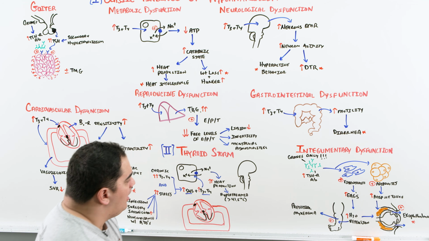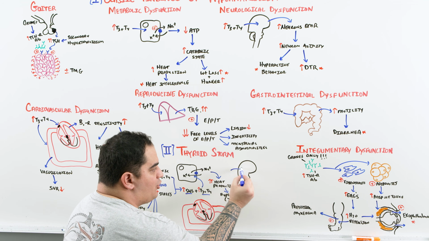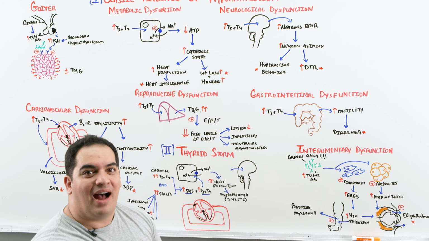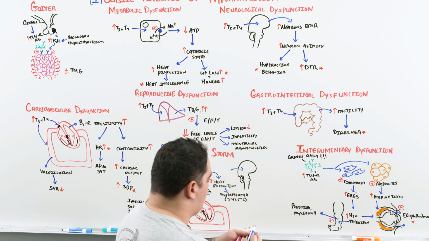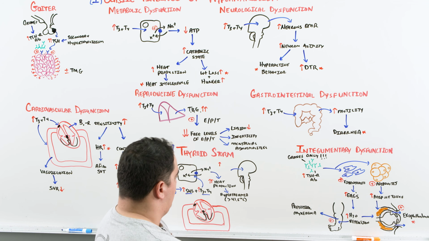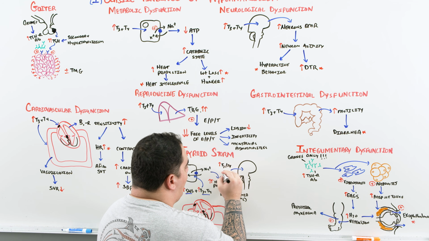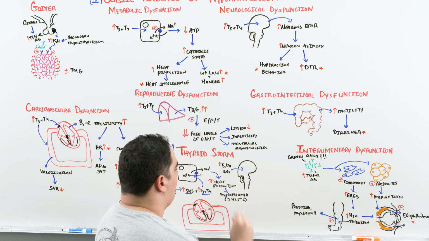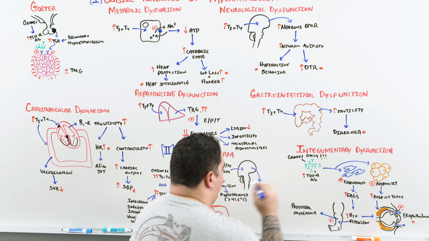The next thing is that we know that this hyperthyroidism also affects the central nervous system. Boom, hyperactive neurons. So again, we have high levels of T3, T4, and we have high levels of sympathetic nervous system activity. This is going to cause these neurons to go into hyperdrive.